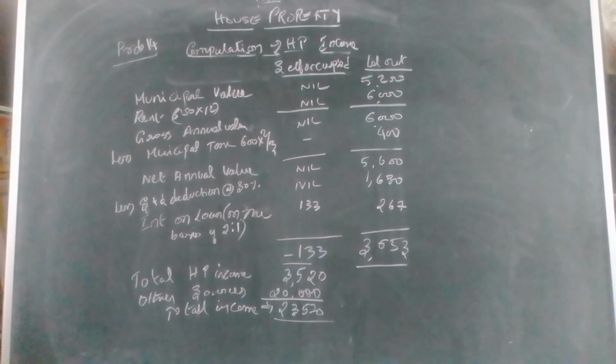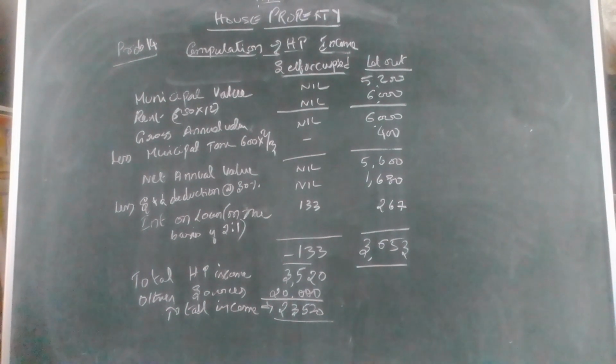Why are we taking 2:1? Because it is given that the municipal valuation for the self-occupied property is 2,600 and the municipal valuation for the let out property is 5,200.